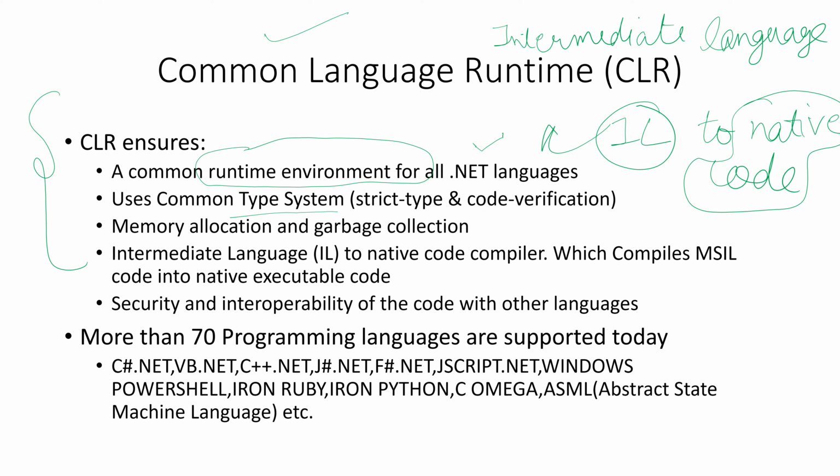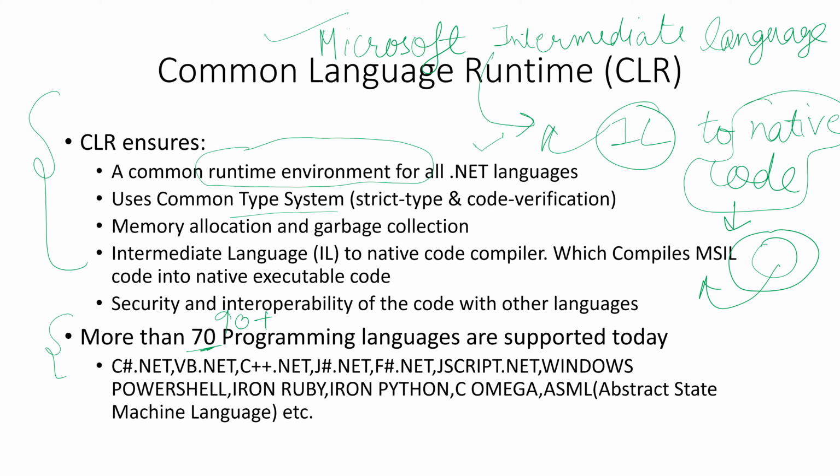So what this CLR does is it converts your MSIL code, intermediate language code, into native code which can be understood by your CPU, your host machine CPU, whatever machine you are using, so that it can understand that language, it can execute and give you results whatever you are expecting. Okay, and even this number has grown to more than 90 today. So more than 90 languages are supported by your .NET framework. Okay, some of them are written here, you can go through them.